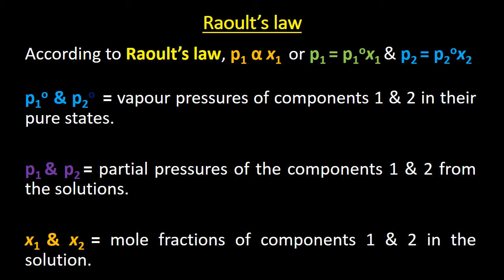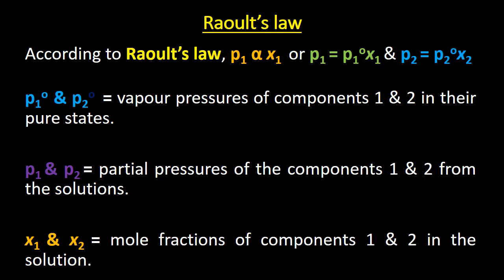According to Raoult's law, P1 is directly proportional to x1. That is, partial vapor pressure of component 1 is directly proportional to mole fraction of component 1, that is x1. Similarly, partial vapor pressure of component 2 is directly proportional to mole fraction of component 2. That can be written as P2 is equal to P2 naught into x2.